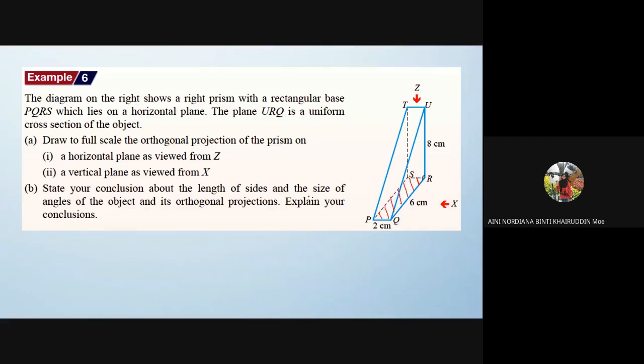The plane URQ, this triangle, is a uniform cross-section of the object.